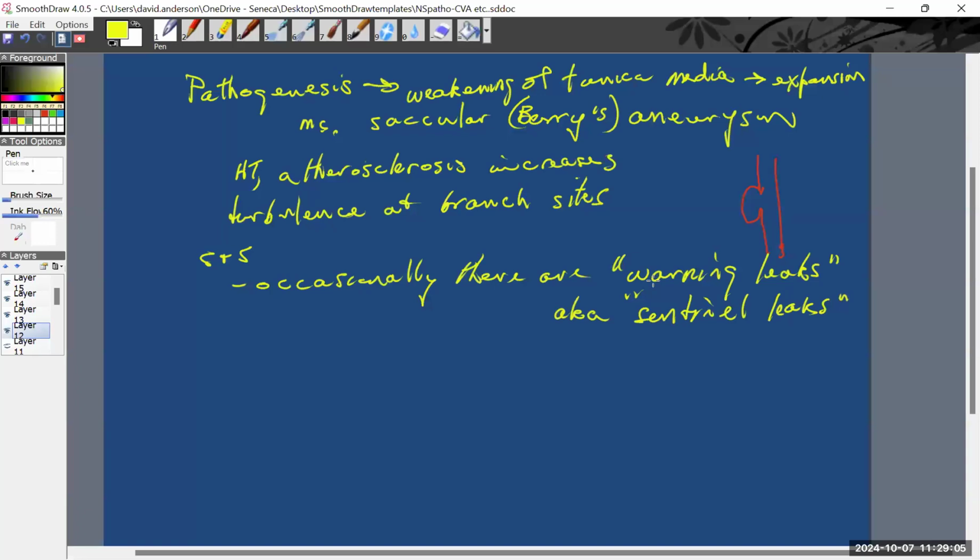So sometimes patients will get a little indicator that there is an impending rupture going to occur. They're described as sentinel leaks or warning leaks, and they may present with a severe headache.